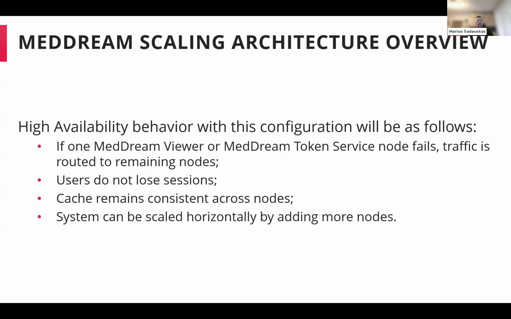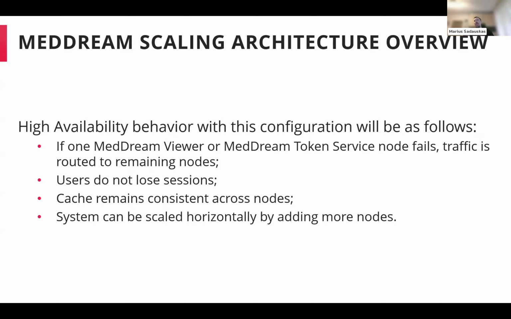The session would simply exist in another node, and that user would be able to browse the MedDream, view the studies seamlessly, and the cache would also remain consistent across all nodes because it would have the shared storage disk, and the system can be scaled horizontally by adding more nodes if needed.